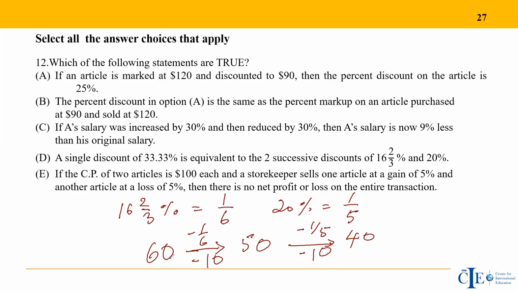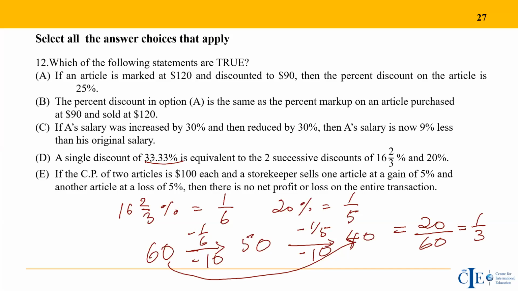So an article which was listed at 60 is now sold for 40, which means the overall reduction was 20 on 60, which is equal to 1 by 3. And 1 by 3 is 33.33%.